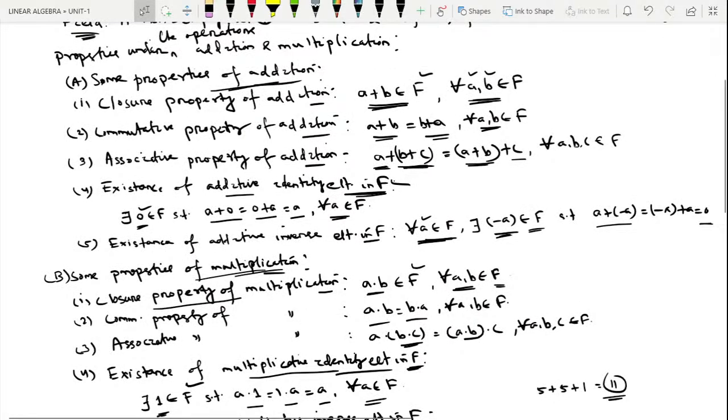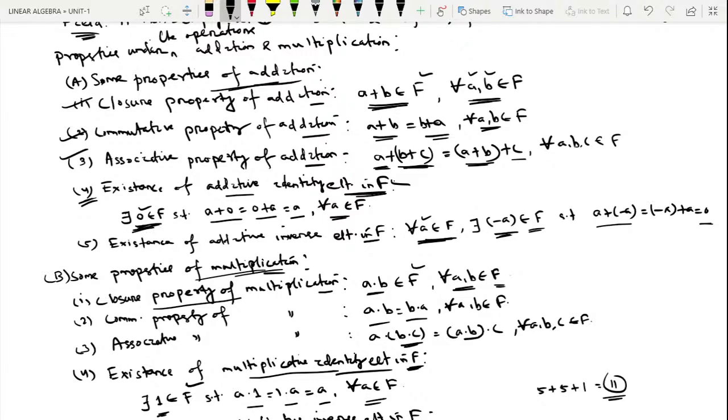It will satisfy the closure property, commutative property, and associative property. When it comes to the fourth one, the existence of additive identity element in F, your additive identity element is 0.